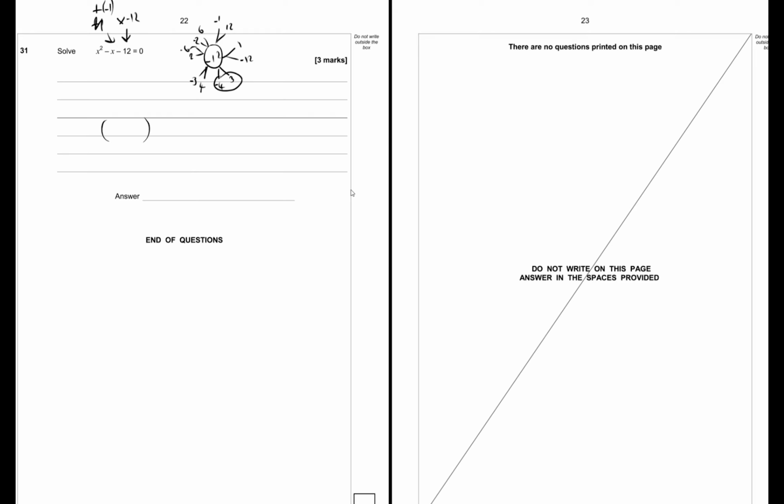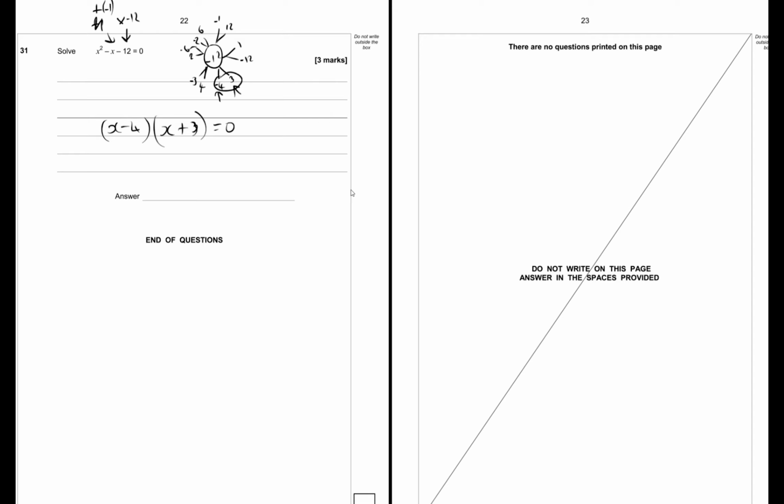So that means we can factorize this into two different factors. So it's going to be x and the x in both of them, and one of them is going to have a minus 4 from here, and the other one is going to have a plus 3. And now we're almost done. And this is going to equal 0.